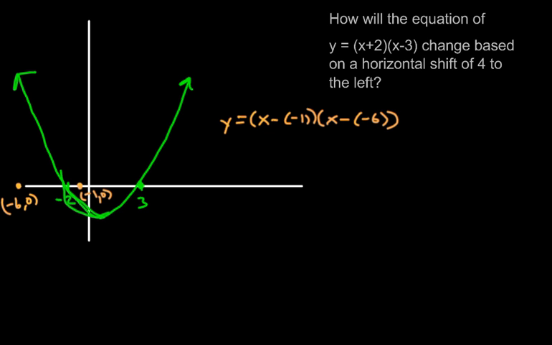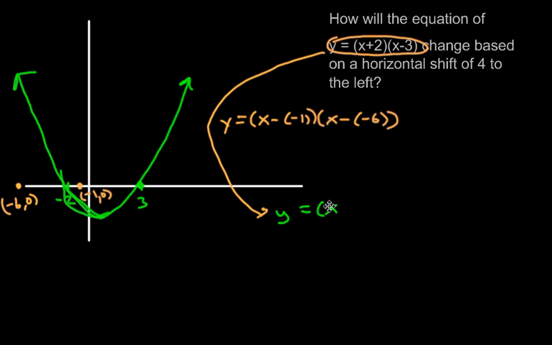Let's start with the equation that we have. And then we'll talk about changing that to reflect this idea of a horizontal shift to the left. So I'm going to rewrite this as y equals (x minus -2) times (x minus 3).